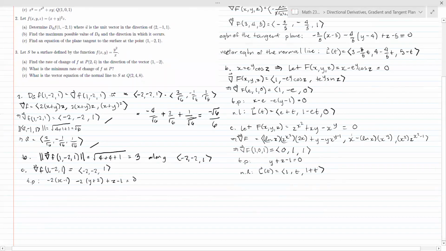So for the third and final set of exercises, number 3. Let S be a surface defined by the function. Our surface is defined by the function.